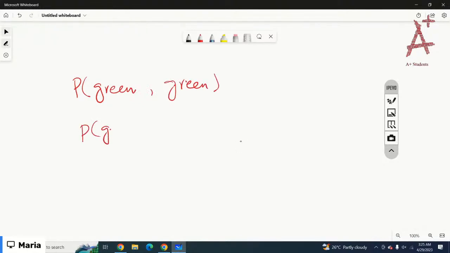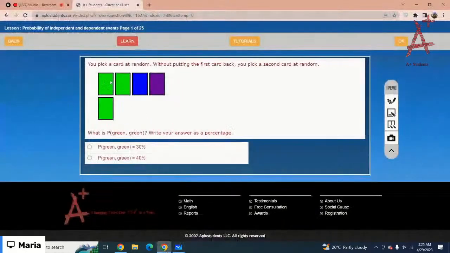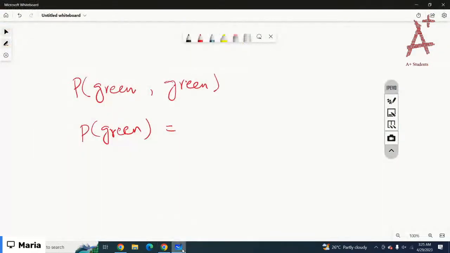Let's suppose the first card we selected is green. The total cards you have is 1, 2, 3, 4, 5. So it would be 3 out of 5 for the first time, because you have 3 cards that are green out of the 5. You didn't put the card back for the second time.